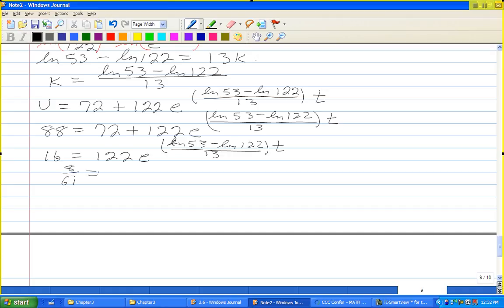And then divide by 2. Take ln of both sides of your equation.